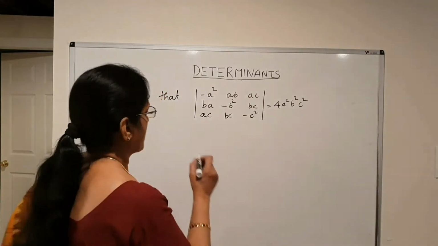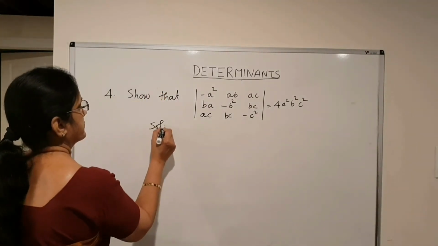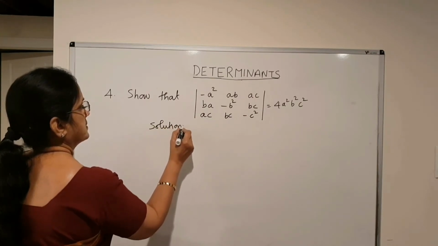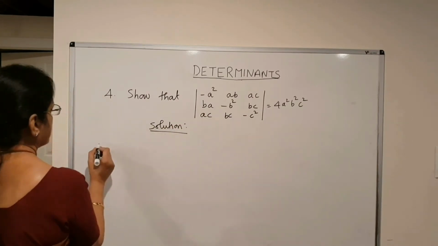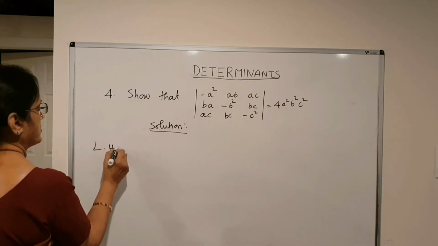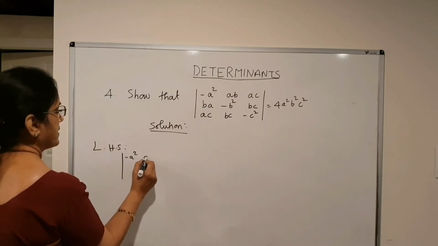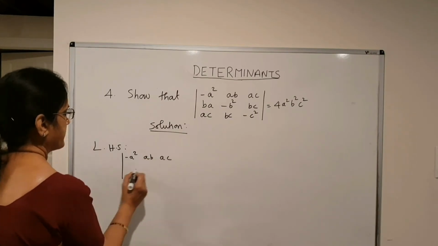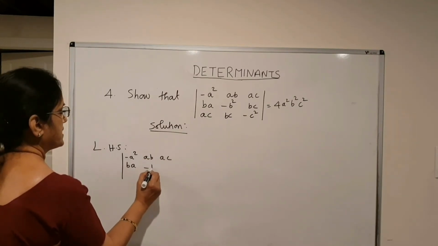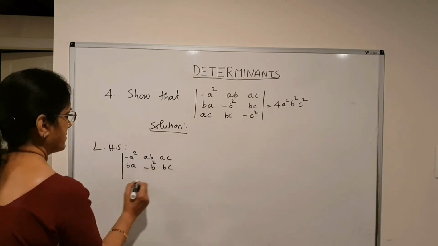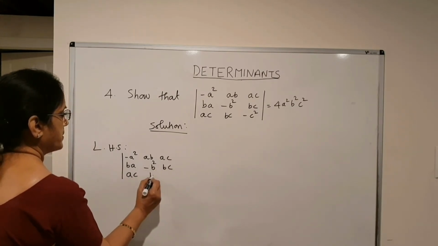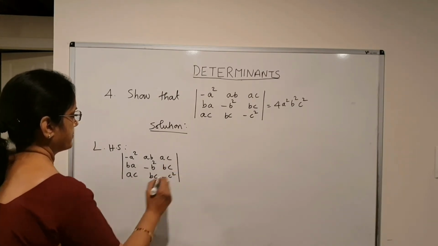Let's do this. Solution. LHS: determinant minus a square, ab, ac, ba, minus b square, bc, ac, bc, minus c square.